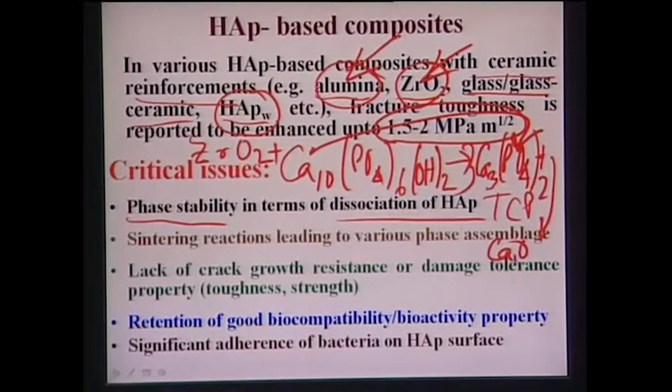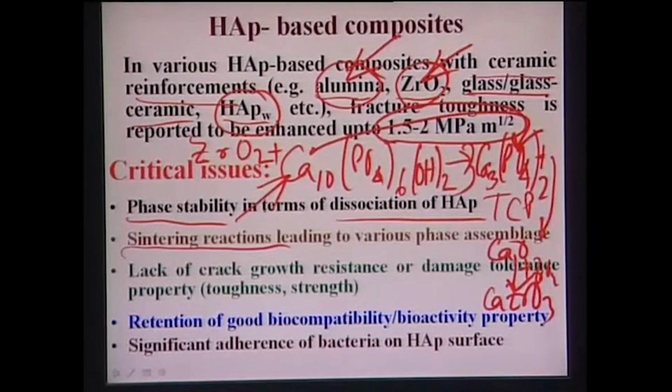And this CaO can further react with zirconium oxide to form calcium zirconate. So, these sintering reactions can take place depending on what kind of reinforcement you add to the hydroxyapatite. And if sintering reactions take place, then you cannot take 100% advantage of the fact that you have hydroxyapatite in the material.